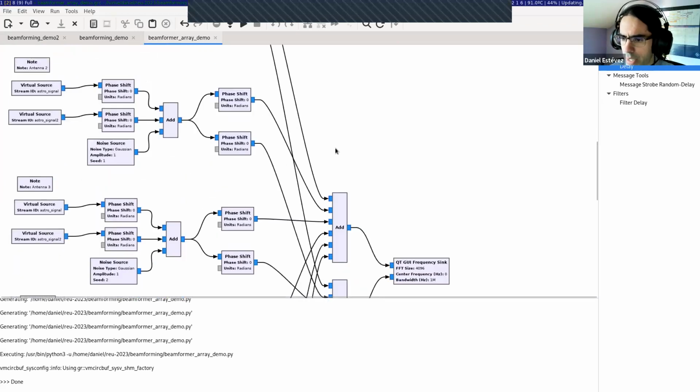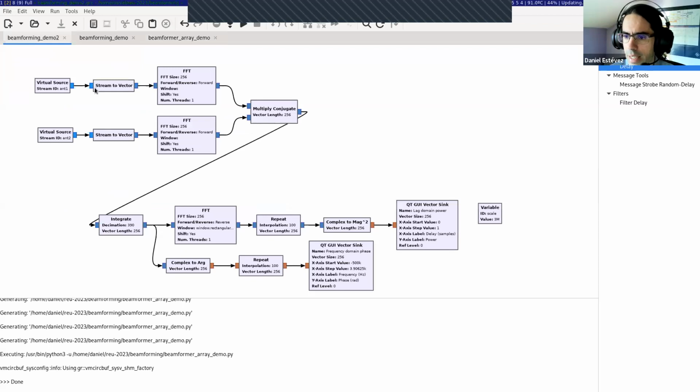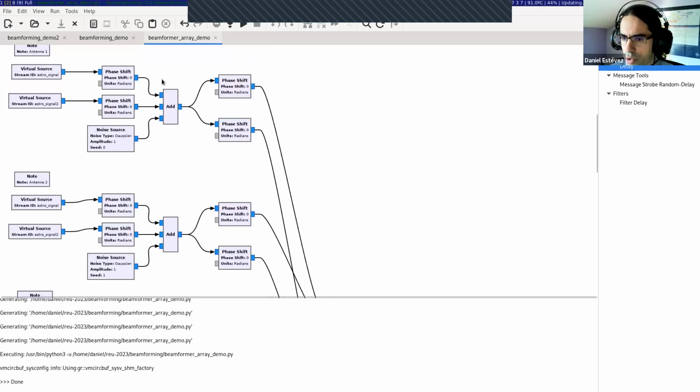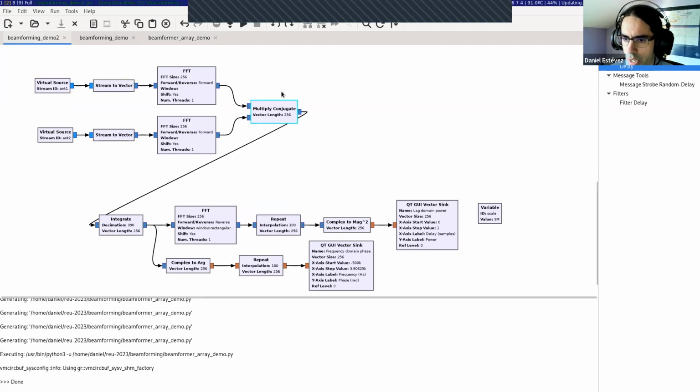So without entering into too much detail, in the end, the way to do this properly is, instead of trying to do this beamforming, we do this correlation. So for each pair of antennas, we compute these correlations.